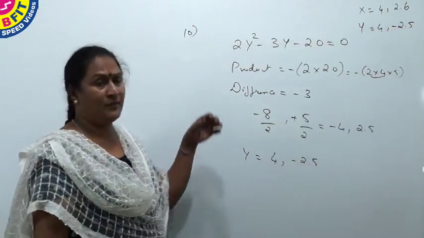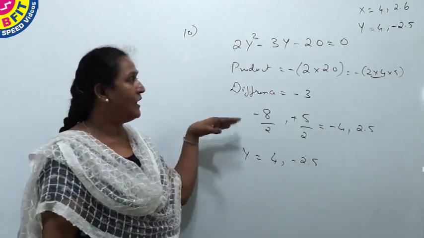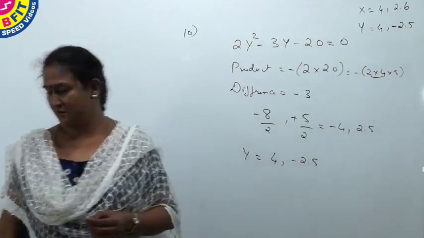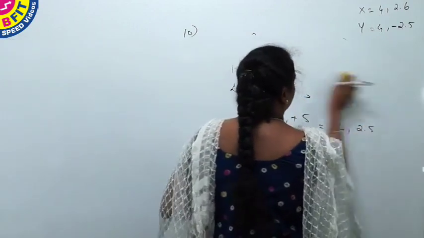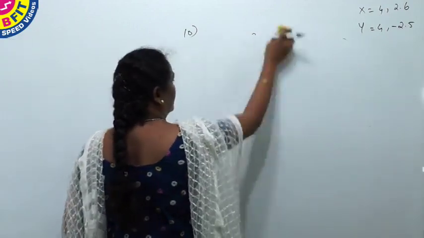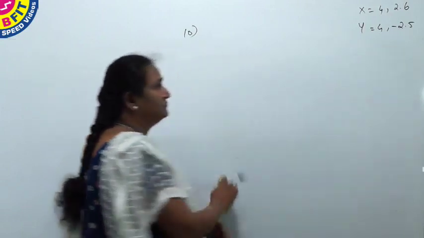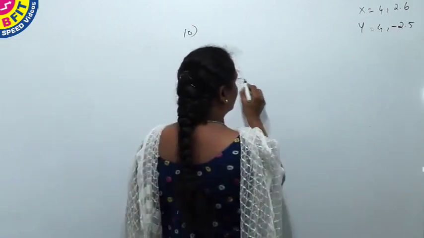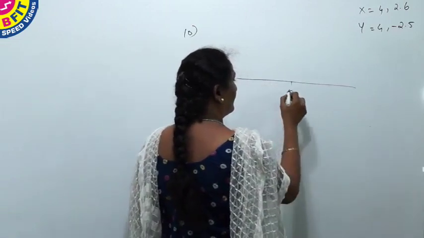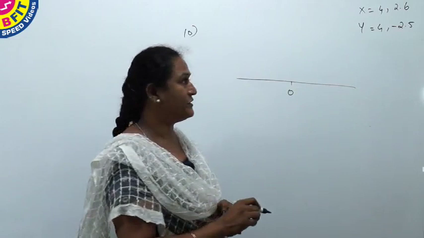So now we'll place these values on a number line and choose the options. So both values of x are positive.